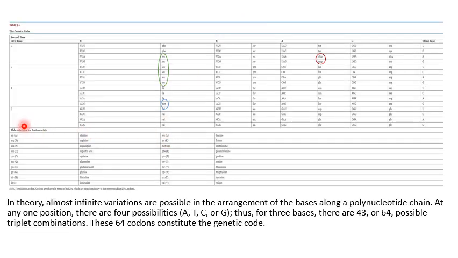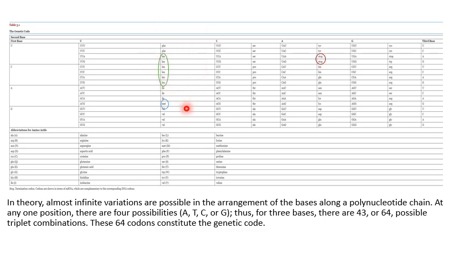We know that there are only 20 amino acids and 64 possible codons, so that means one amino acid can be produced by more than one codon. For example, leucine and arginine are each specified by 6 codons rather than 1 codon.